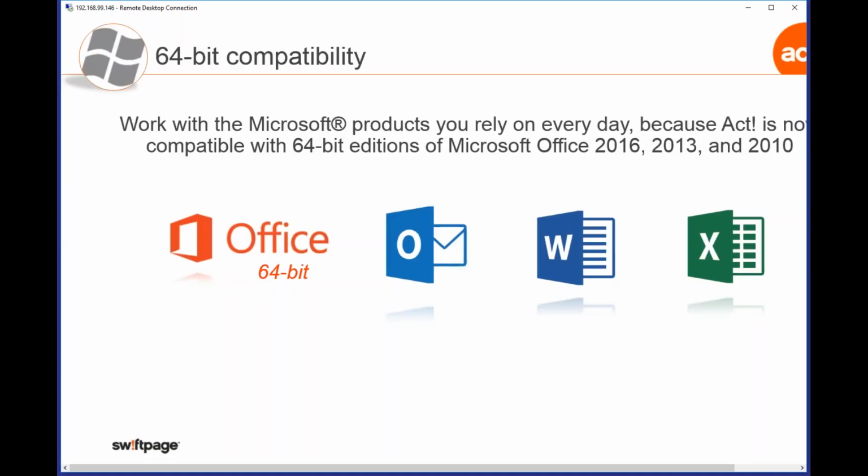Okay, so let's talk about the compatibility updates. Once again, the Microsoft product line, you can now have that 64-bit on your computer and have it work with your ACT database. So that includes Outlook, as far as integrating emails with ACT, and also the synchronization if you wanted to synchronize your contacts and or calendars from ACT and Outlook.